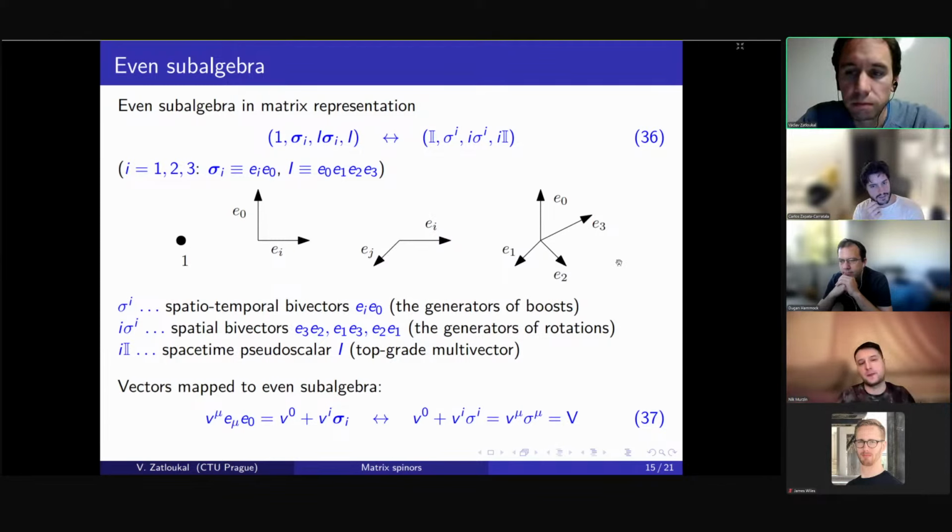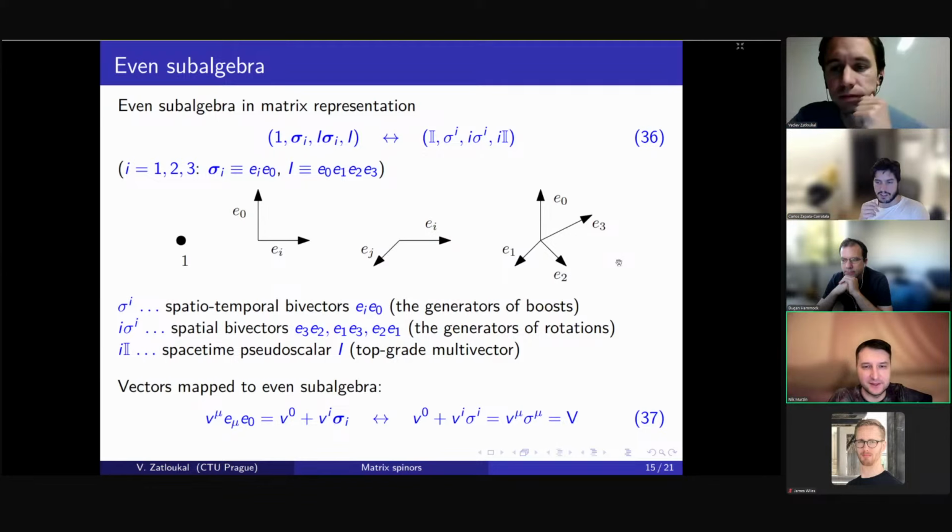I think this is what you meant, Nick, right? Well, partially, yeah. But also all kinds of rotors that you just build from these objects, right? With maybe some exponential map. And what's the actual meaning of that?